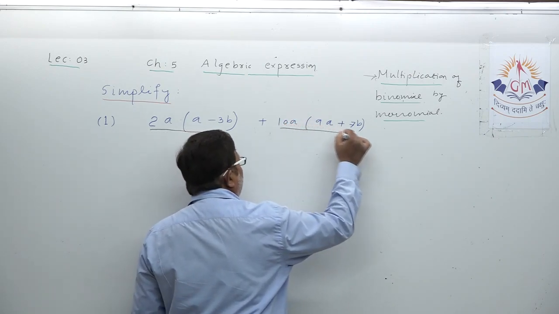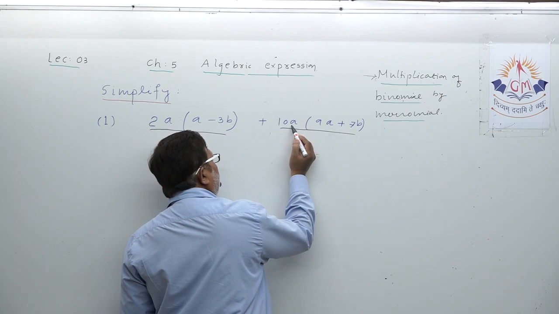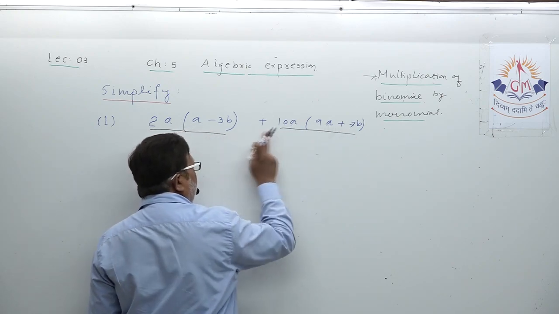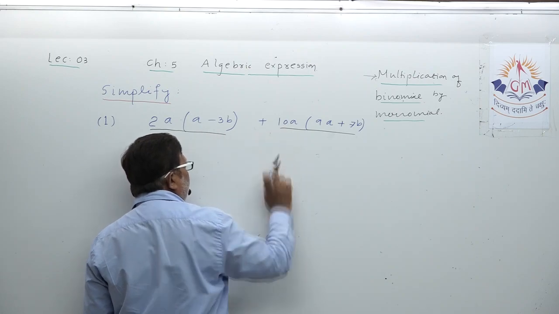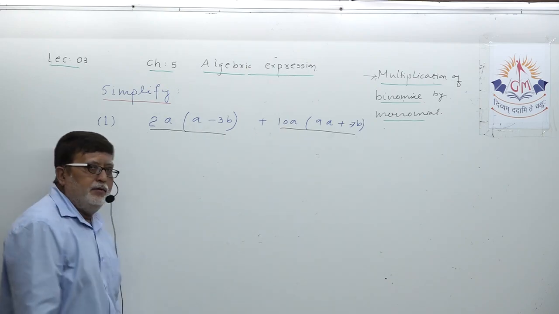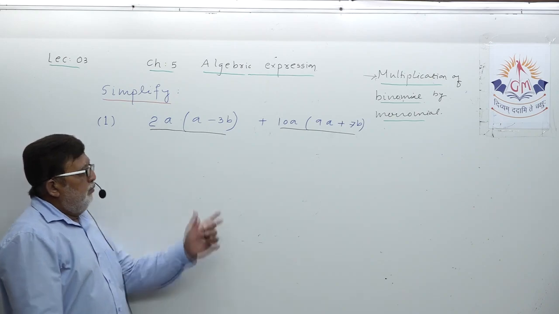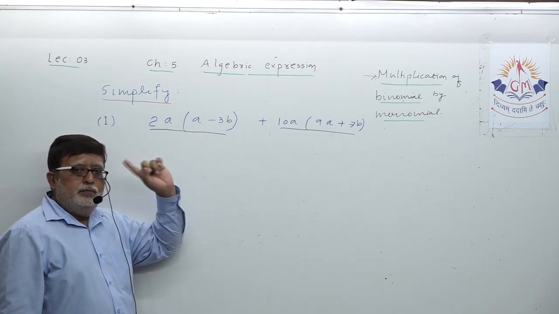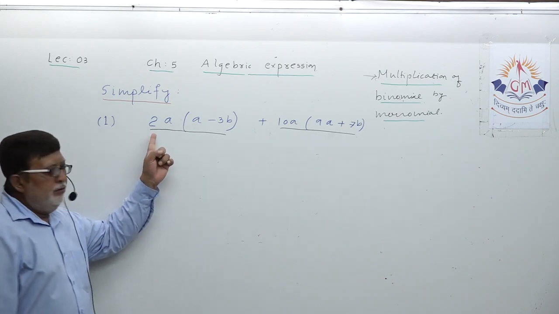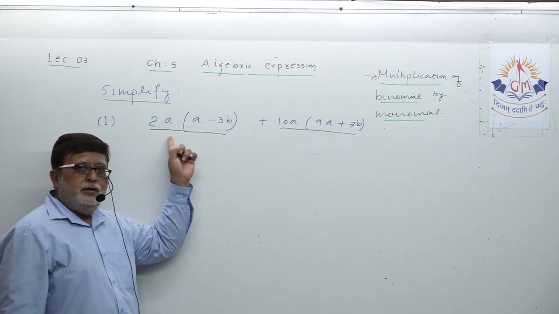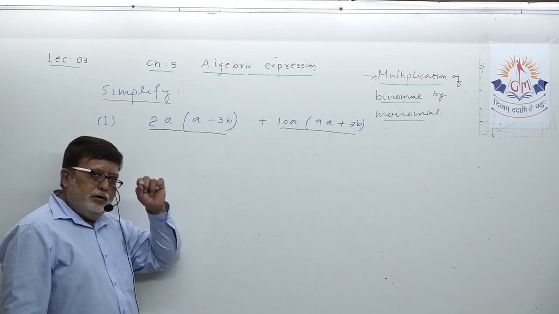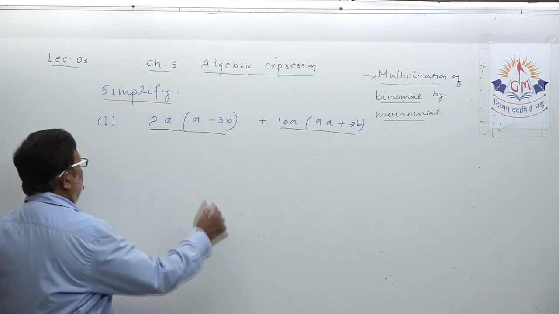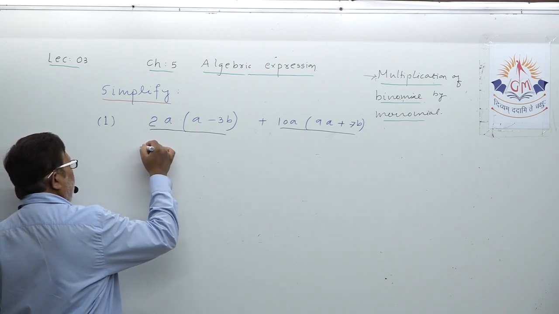Again, dear student, one monomial and one binomial. So two examples of the type we have been doing just now. Okay. So first, your complete concentration has to remain here. Okay. Your complete concentration I require here. See, dear student, let us do.